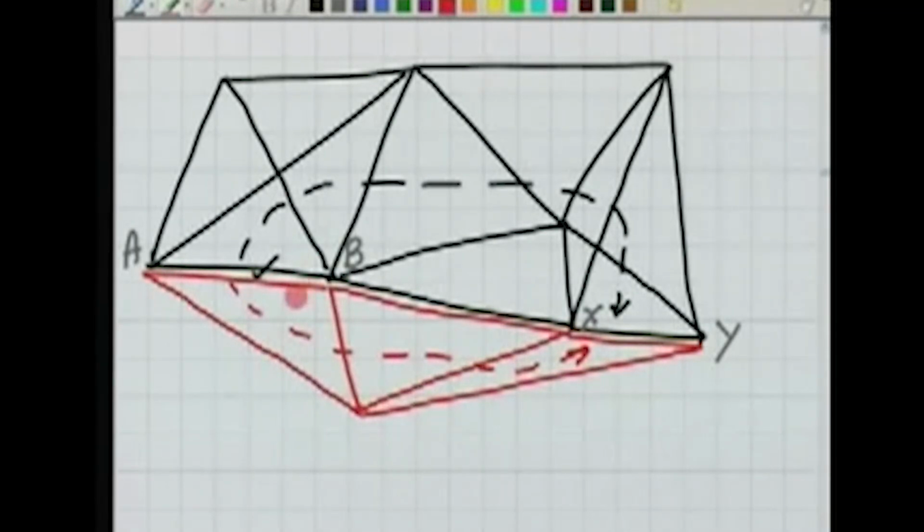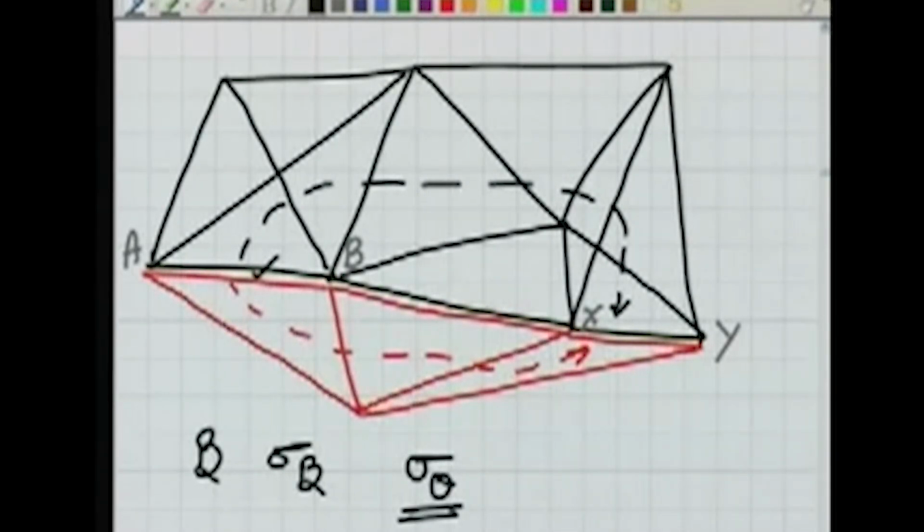Similarly, I can start from the same AB and go through this route where we have only 3 triangles, and again I can compute XY. Now the question is, if the angles have errors, as we have seen, the angle at A or angle at B, or for all the angles, if the same theodolite is used, we have the error sigma theta.